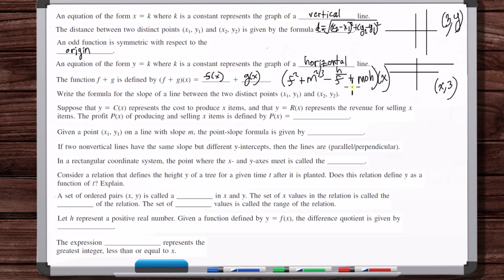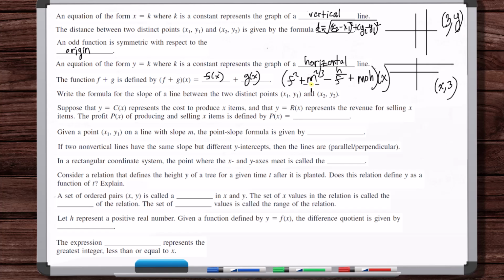The domain is the intersection of all of these functions' domains. If an input x is outside the domain of any one of these functions, then you can't evaluate this. But also, f of x can't be equal to 0, and for m of x there's no restriction because it's to the 2/3, but if this was an even root, then m of x must be greater than or equal to 0.